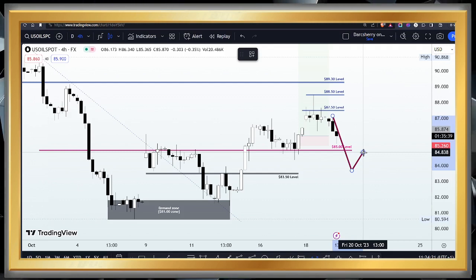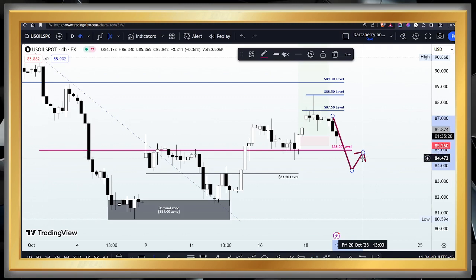And of course, you know that when there is an increase in supply, there is chances that price may crash to the downside. And if this is going to be taken into consideration, we might likely be seeing price break down the $85 level, maybe to incite a strong sell-off to the downside.